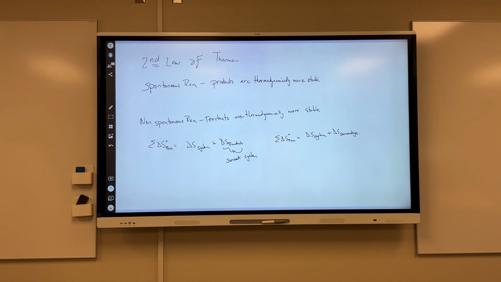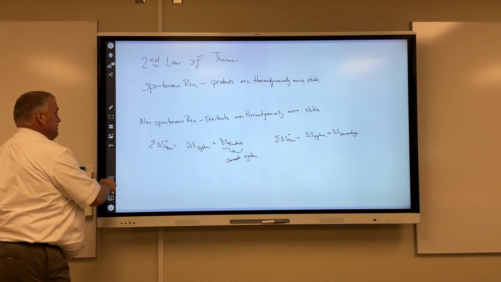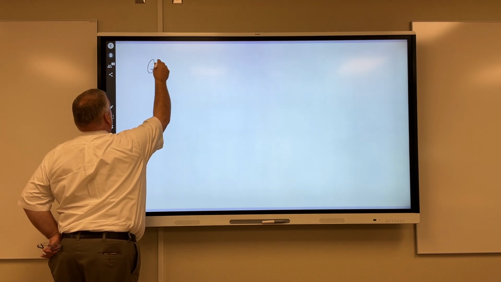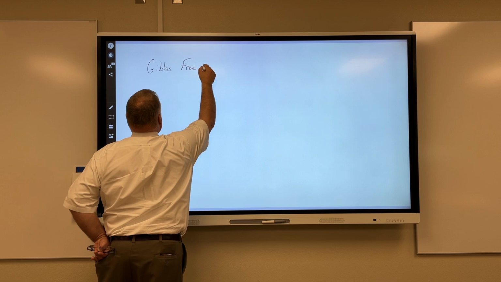And why am I spending a little time on this? Because we've got to look at these in terms of a relationship. There's a relationship that exists between enthalpy, the change in heat of a reaction, and entropy, the change in order of a reaction. And that relationship is called the Gibbs free energy.